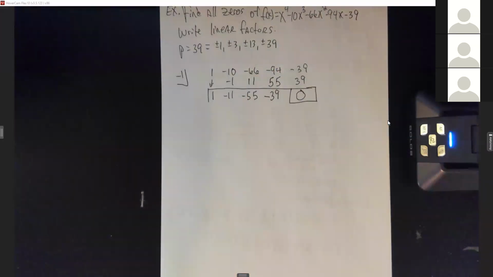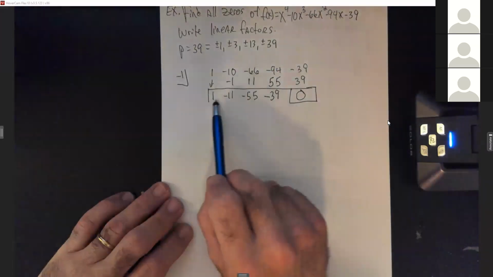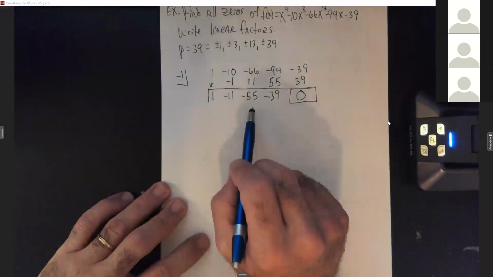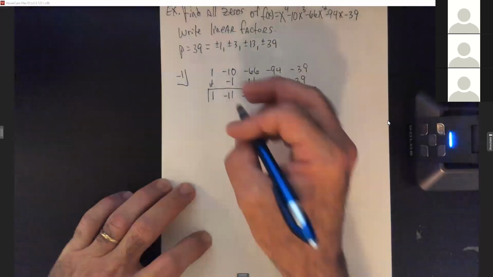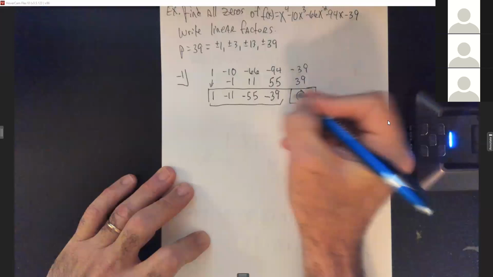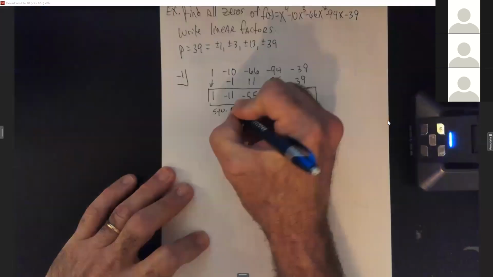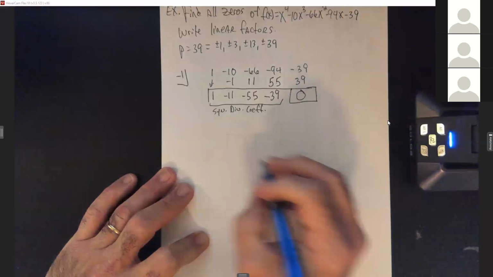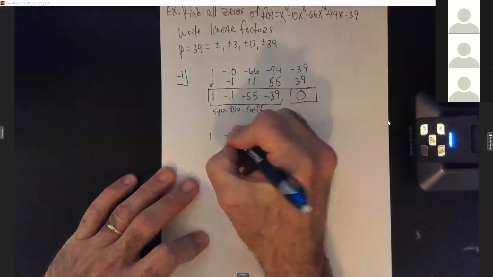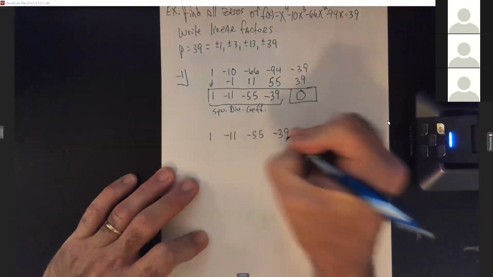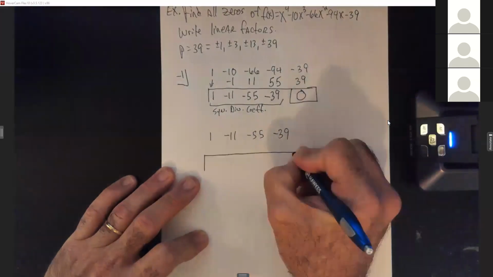But y'all look at this. I'm not down to 3 numbers yet. So I'm going to have to do synthetic division again so that I can get this down to 3 numbers. These are going to be my synthetic division coefficients. So I'm going to write down my 1, -11, -55, -39. Write my box, so that'll be my remainder.